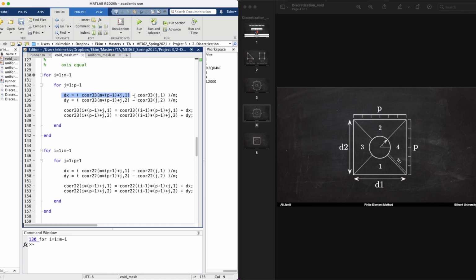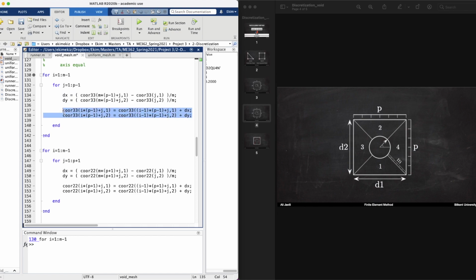So we again calculate our dy and dx. And as I said before, it takes care of the signs itself. And then we calculate our coordinates using the information of the node on the previous row. Okay.